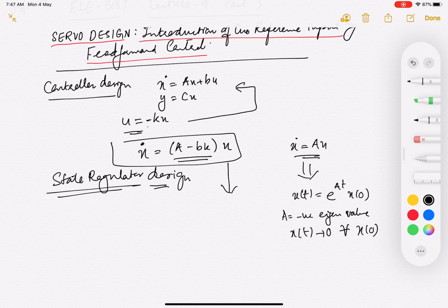So in a similar way, when the resultant equation that you get for your plant is x dot is equal to (a minus bk)x, the solution for this would be x(t) is equal to e to the power (a minus bk)t x0.